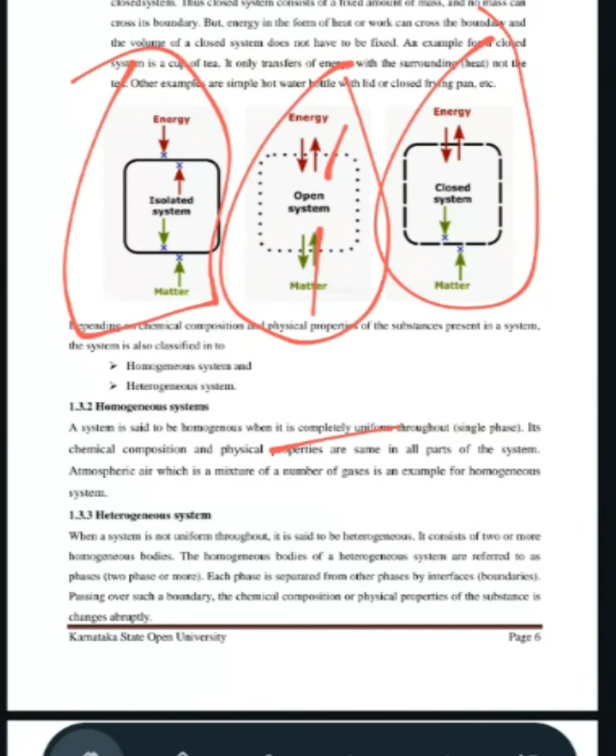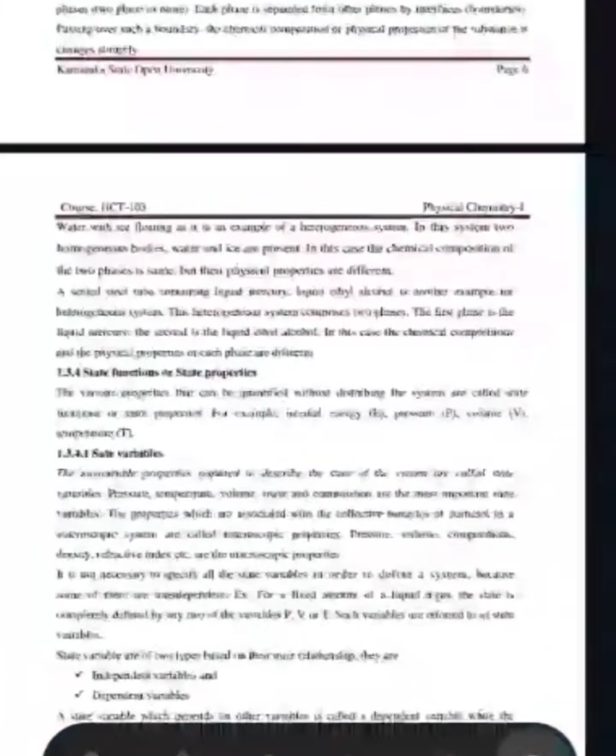So these are the state variables, and state variables are of two types, that is independent variables and dependent variables. The one which depends on the variable is called a dependent variable. Based on the system, there are extensive variables, intensive variables, and specific variables.